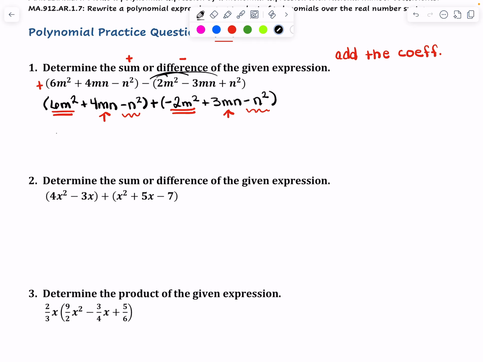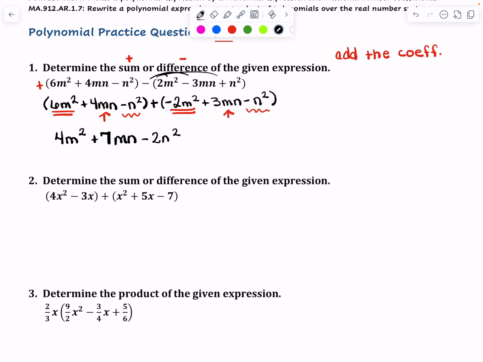So 6 minus 2 gives me 4. Keep the variable term the same. Then I have 4 plus 3 is positive 7. Keep the variable term the same when we're adding or subtracting. Negative 1 plus negative 1 gives me negative 2n squared. Okay, so that's one option for writing this out.